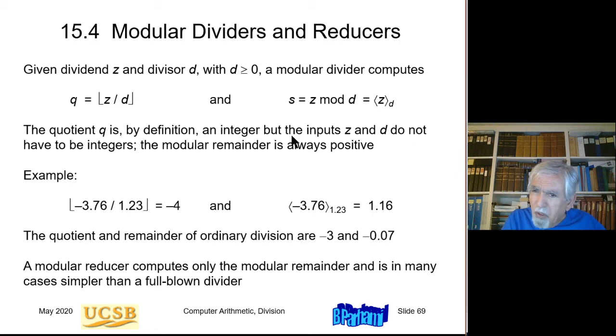In fact, when we do modular divisions, we are often only interested in this remainder and not in the quotient. Okay, so we can do a regular division. If the remainder is negative, just add the divisor to it. So 1.23 minus 0.07 gives you 1.60. So we do modular division often because we need the modular remainder, not because we need the quotient.